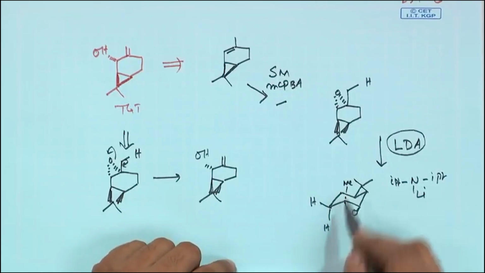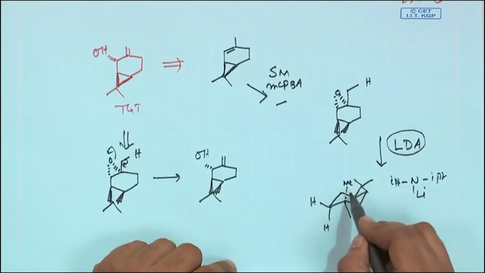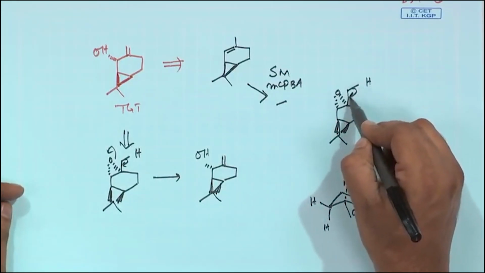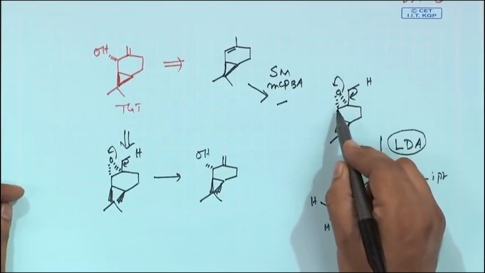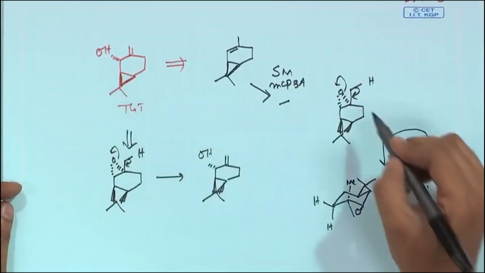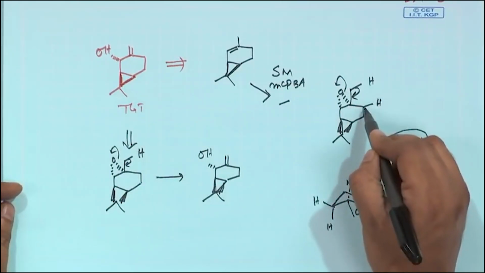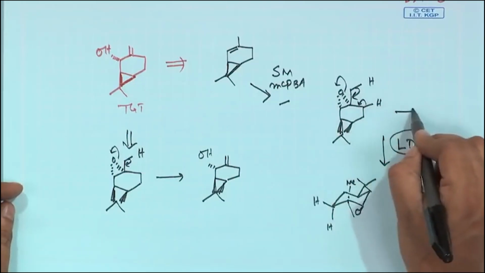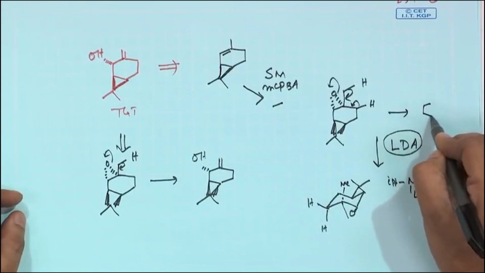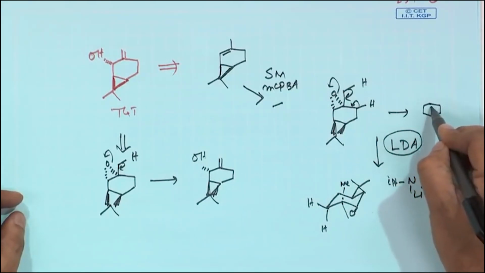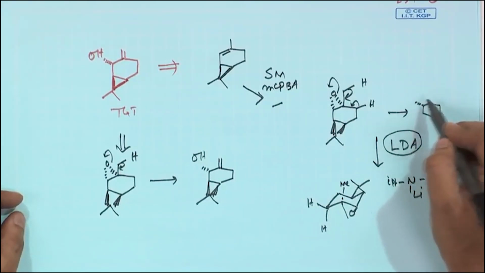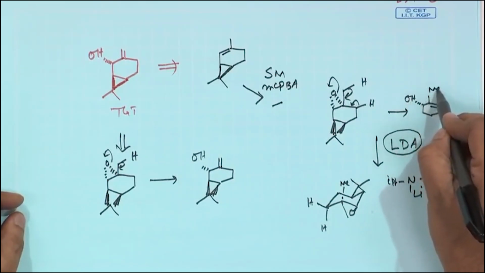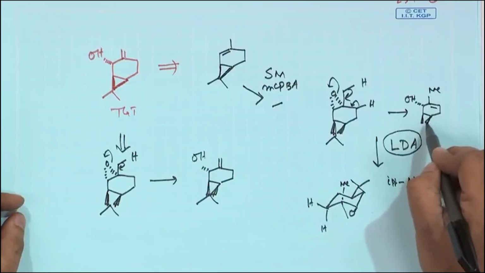Now, the mechanism basically, if it abstracts this hydrogen, then it will open up something like this, and you get this product. Now, if it abstracts this hydrogen, this will also open up, and in reality that will give you another rearranged product whose structure will be something like this.